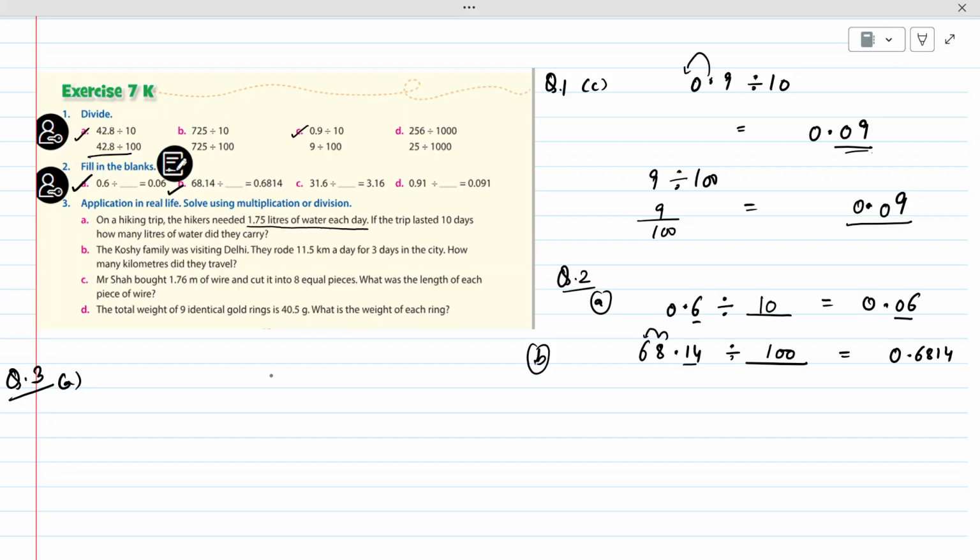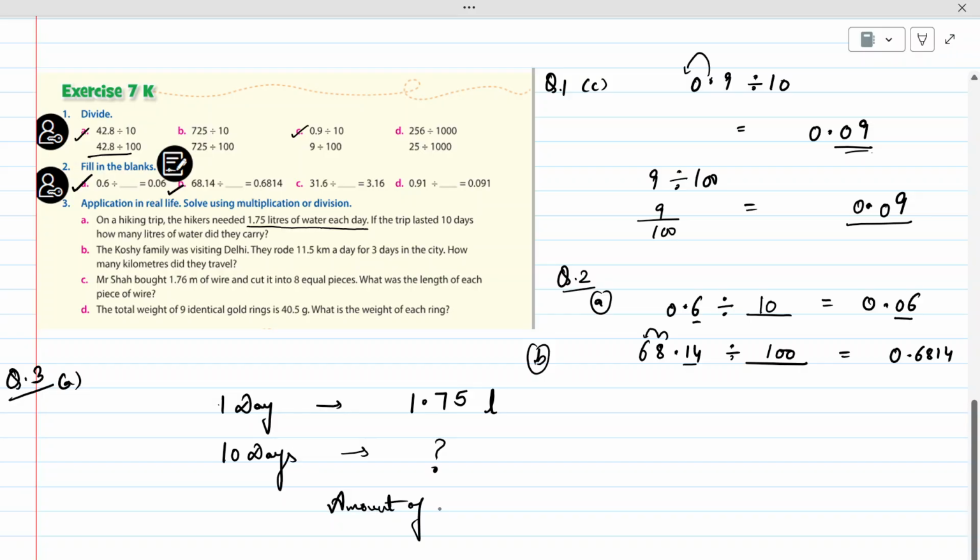So what it is saying is that for one day, they are using 1.75 liters of water. If the trip is lasting for 10 days, then how much water is required? It is very simple. Amount of water will be the requirement of one day multiplied by the number of days, that is 10.